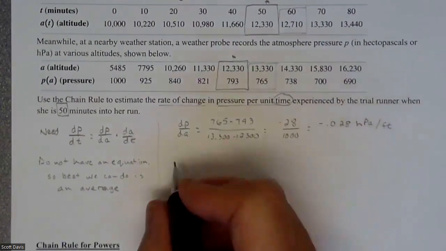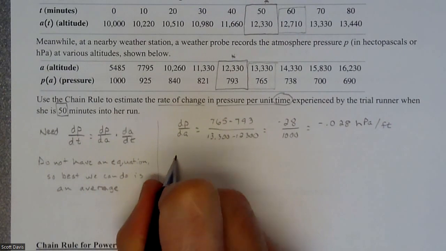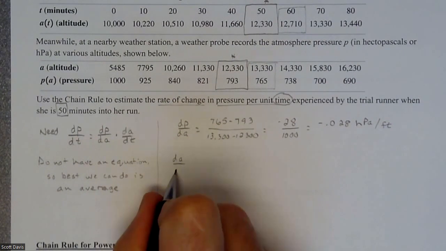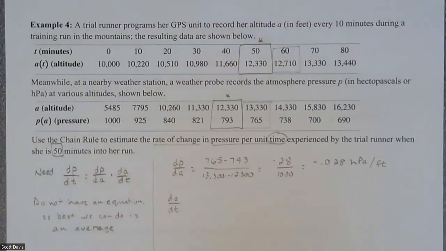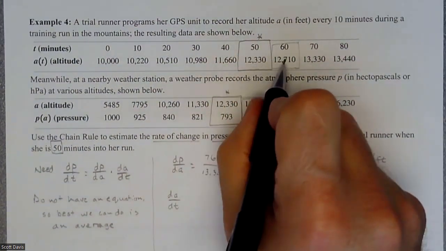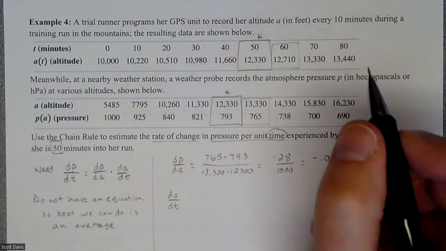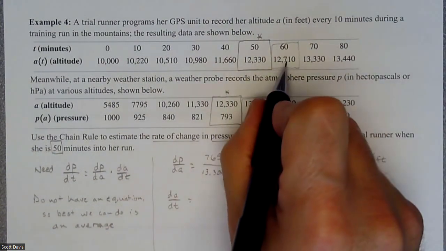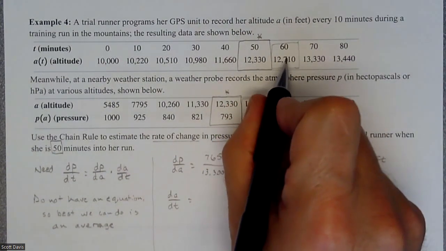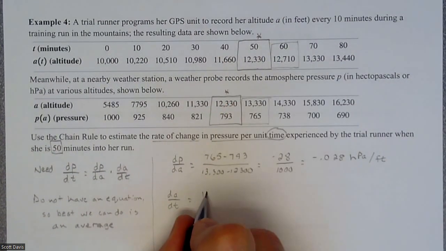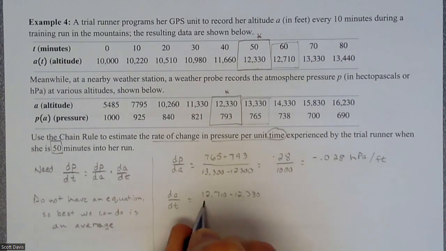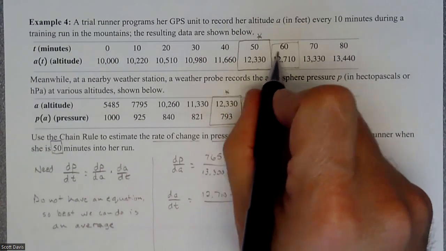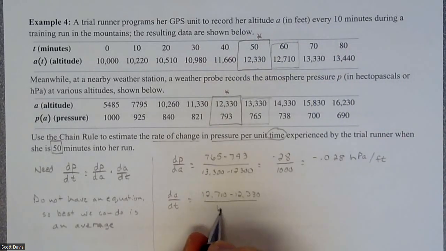All right, and then we're going to find dA dt, which would be us finding some information from this table. So we're going to find the change in our altitude with respect to time. So same kind of a thing. So here's our change in our altitude. So this would be my y2 minus my y1. 12,710 minus 12,330 divided by 60 minus 50.